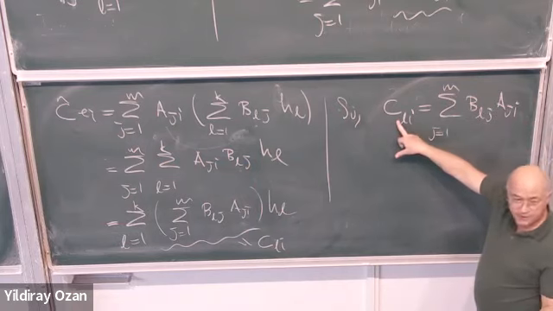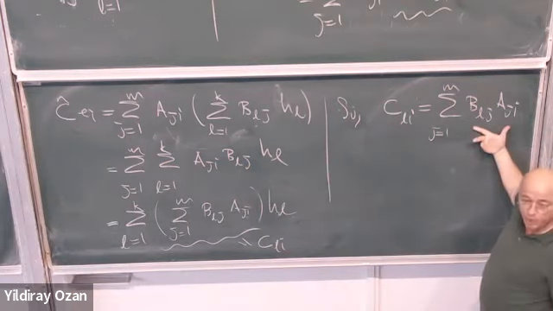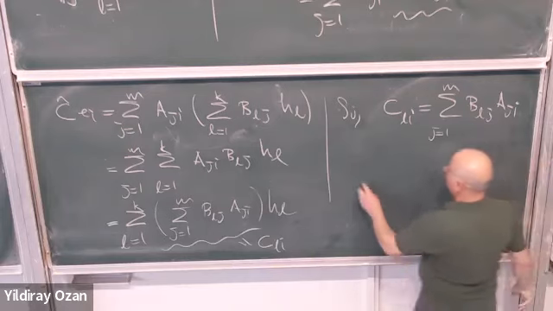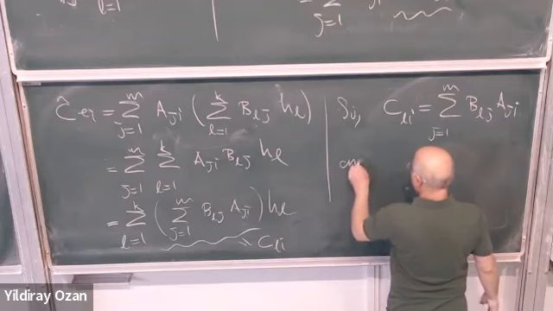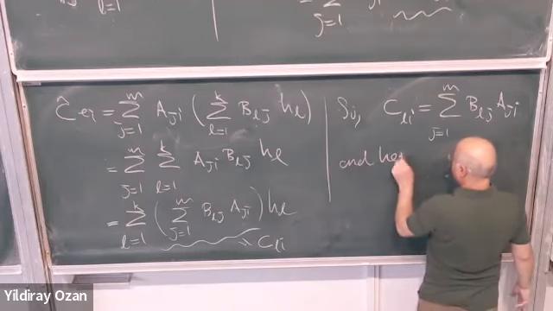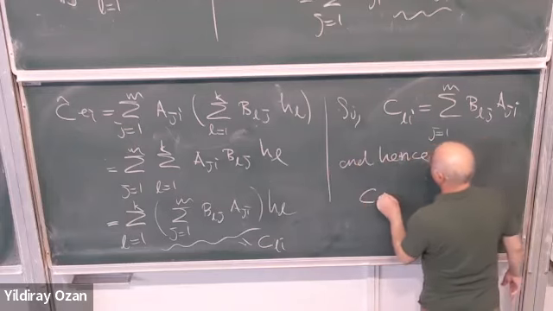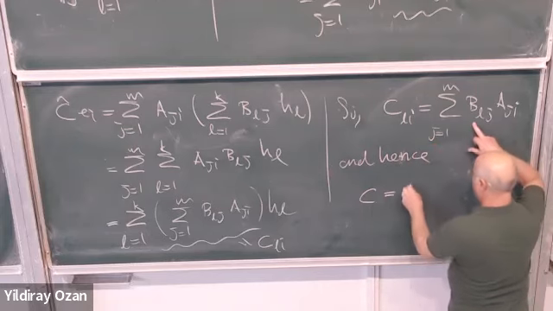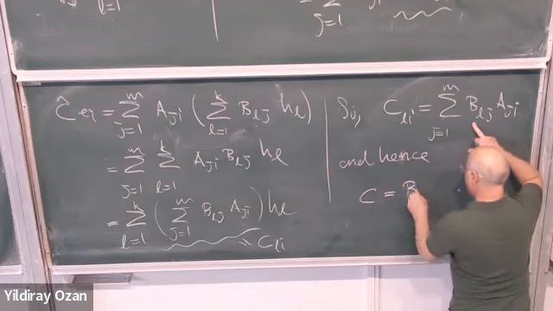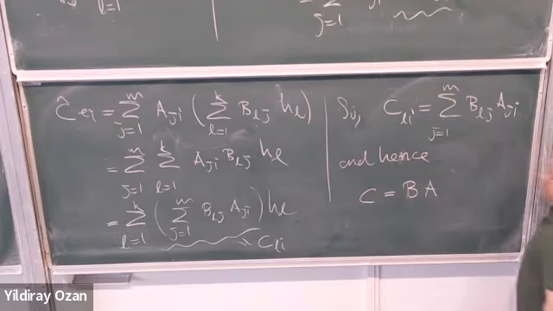This matrix is nothing but the product of the matrices B and A. And hence C is just B times A.